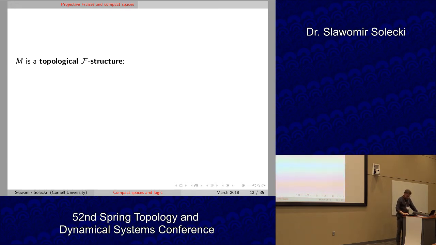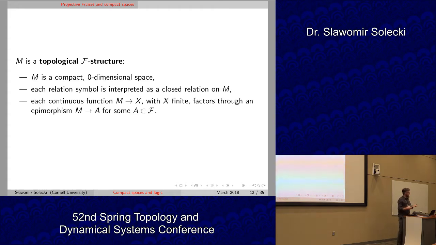It is compact, zero-dimensional, and each relation symbol, the symbols in what I call this language, is interpreted as a closed relation in M. It may have high arity, 3, 5, but often it's binary. And the last point says that M is the inverse limit of elements of F.